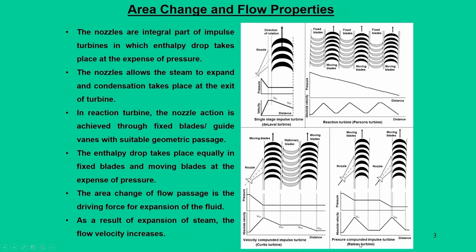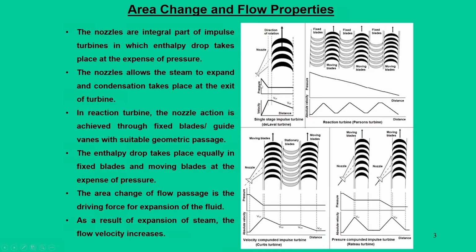Now, moving to the pressure compounding impulse turbine, where each of the moving blades needs a separate nozzle for feeding of steam. The most important fact is that in all these impulse turbine arrangements, most of the pressure drop happens only in the nozzles.